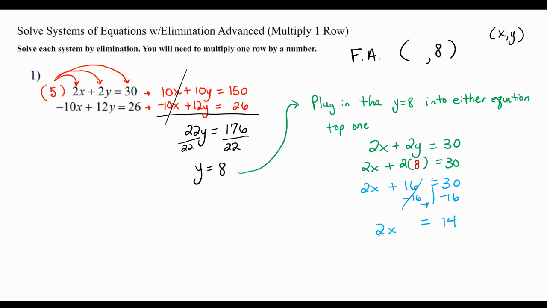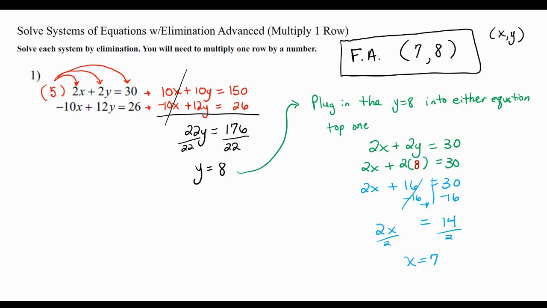And just divide, 2 times what is 14? You should know the answer is 7. I'll show the work, but you should know the answer is 7. So we have our full final answer now. We can put the 7 up in the x spot, and we have our final answer where these two lines cross at 7, 8.